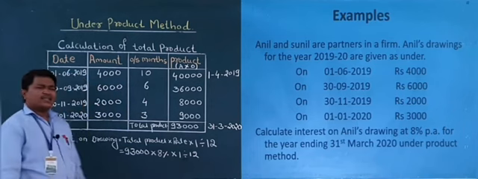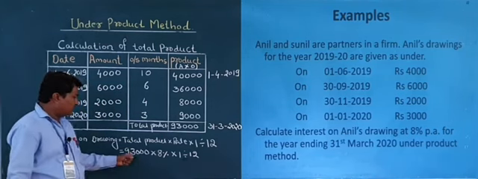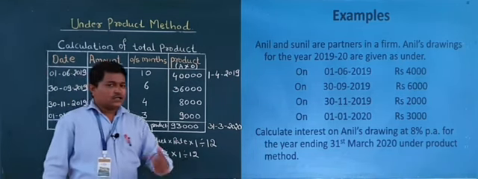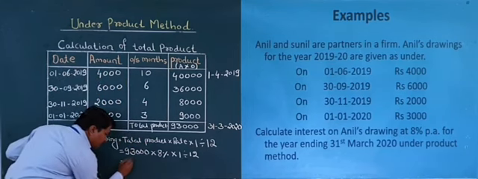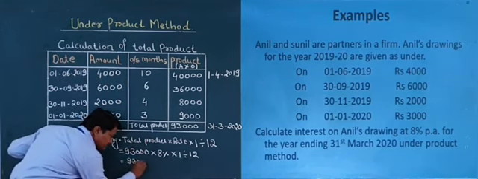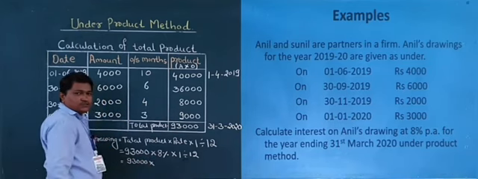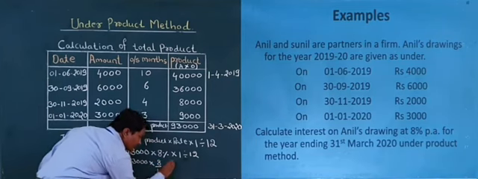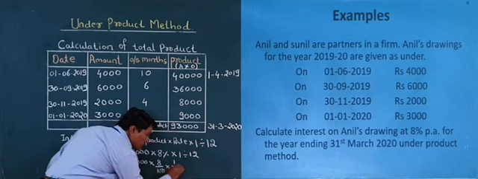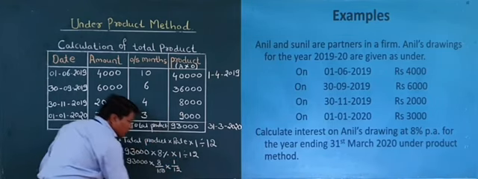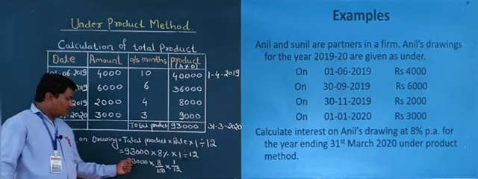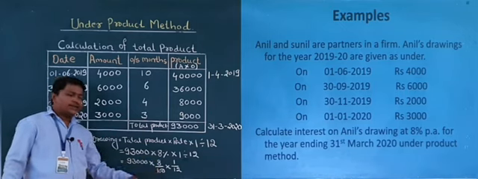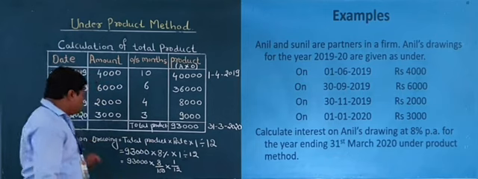Yes, if you directly calculate through the calculator 93,000 into 8% into 1 divided by 12, then you get the answer. Otherwise you can simplify again: 93,000 into 8% means 8 divided by 100. Then what is the meaning of this one? 1 divided by 12. If you have to simplify this, first of all multiply all the numerators: 93,000 into 8 into 1 divided by 100, again divided by 12, then you get the answer.